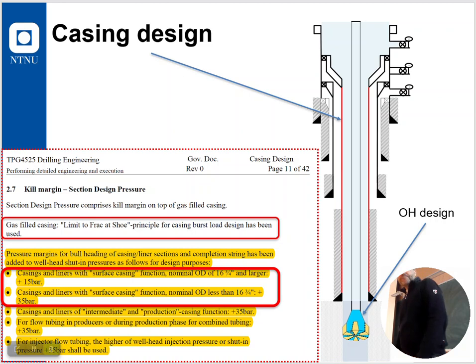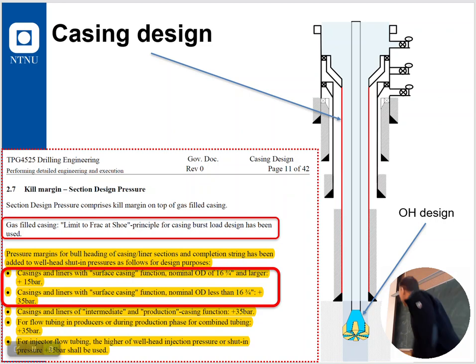So this is an extract on how we have to use governing documentation in our casing design. This is a combination of the load case gas fill casing, and your option is limit to frac at shoe. Now there will be other design options.